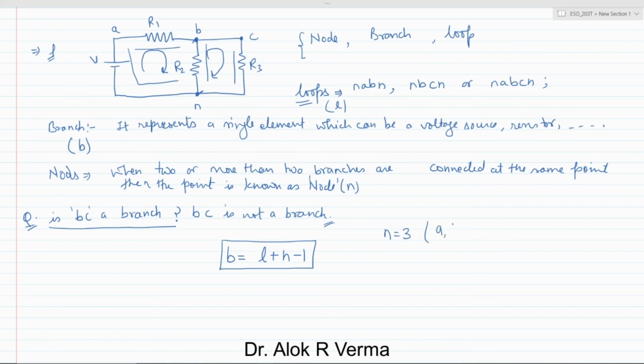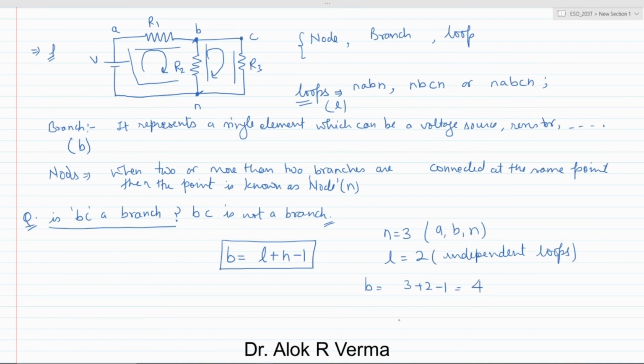Which ones? A, B and N. And the number of independent loops is 2. So the number of branches will be 3 plus 2 minus 1, which is 4.